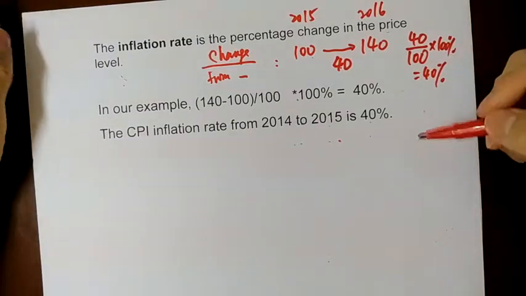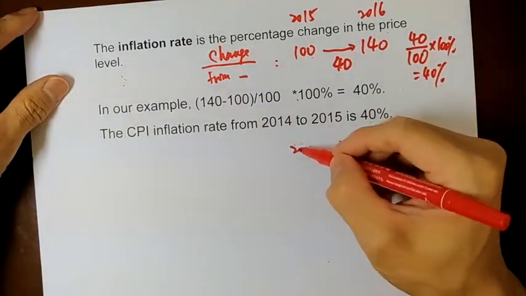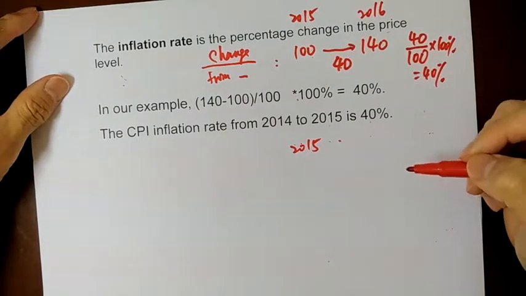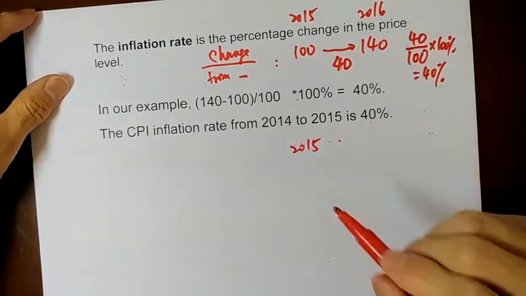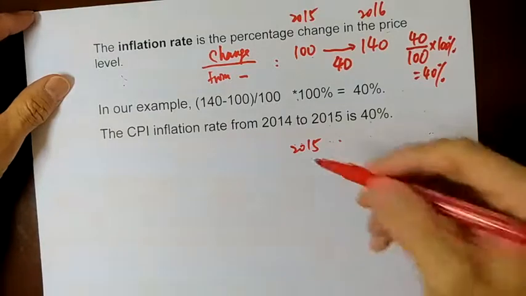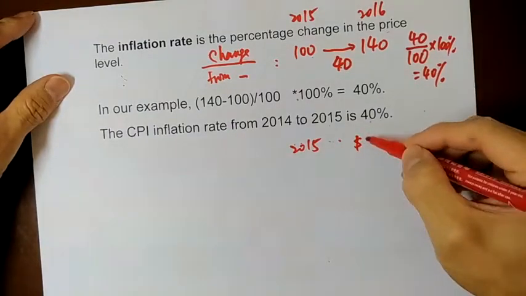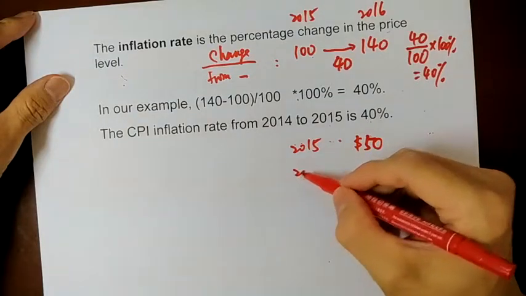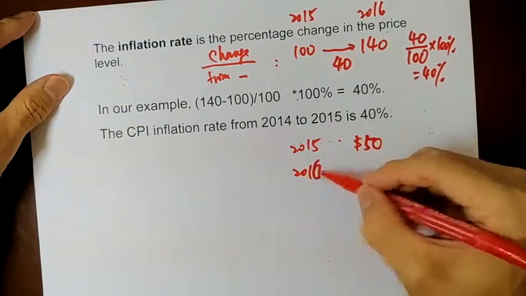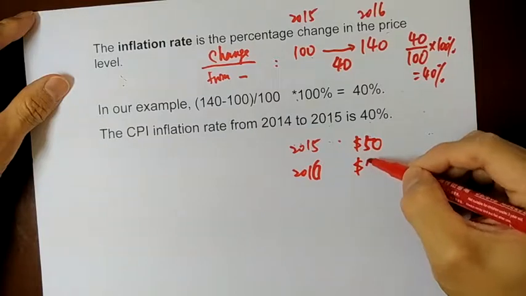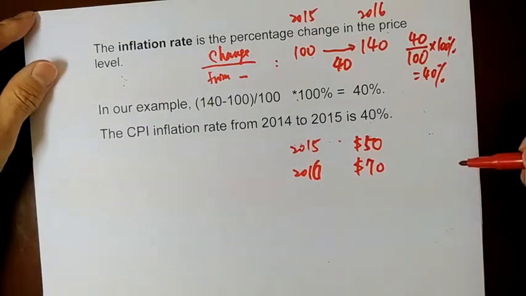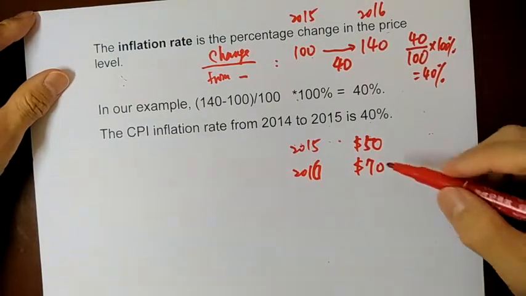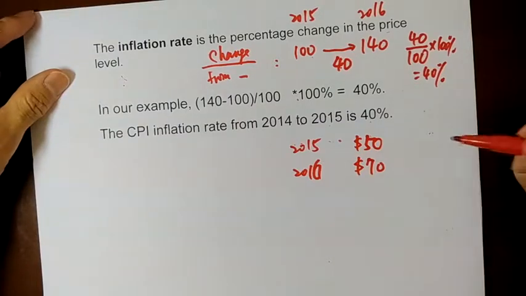More intuitively, remember that in 2015, to buy the basket of goods, we spent $50. In 2016, we have to spend $70 to buy exactly the same amount of goods and services.